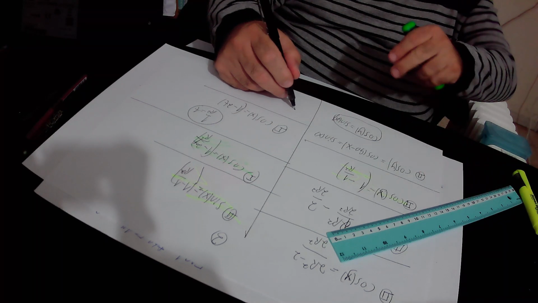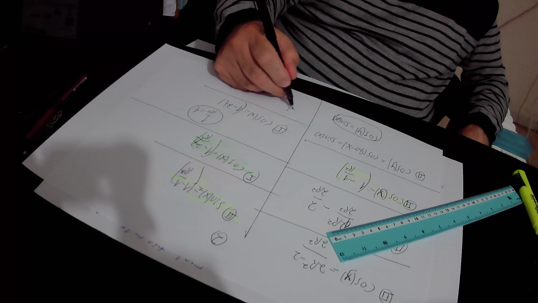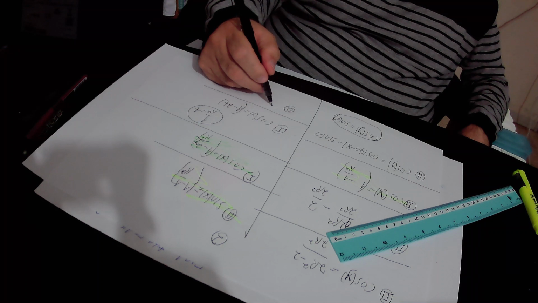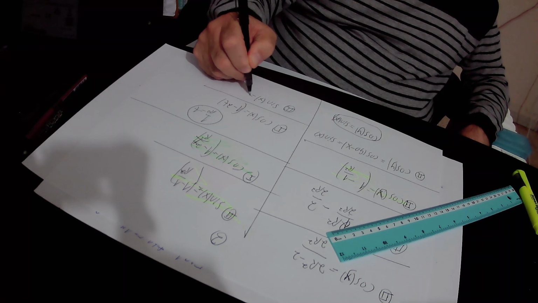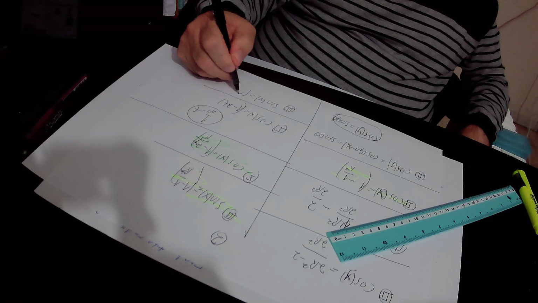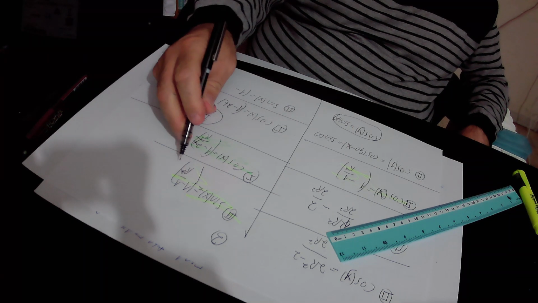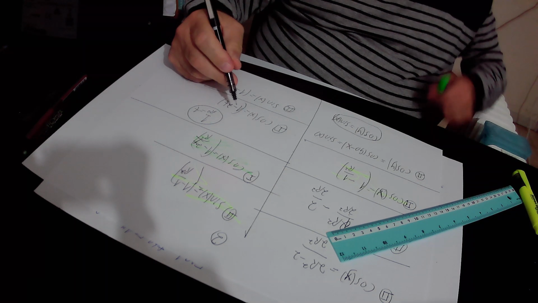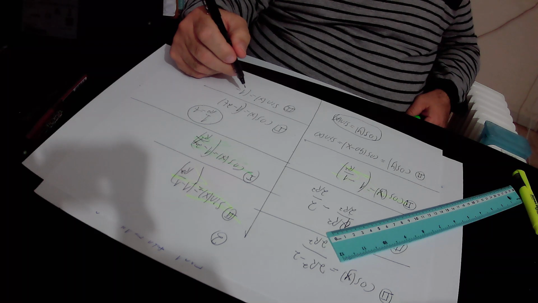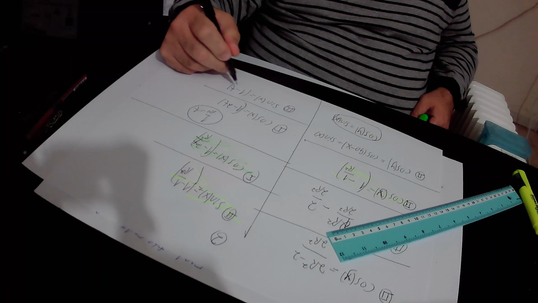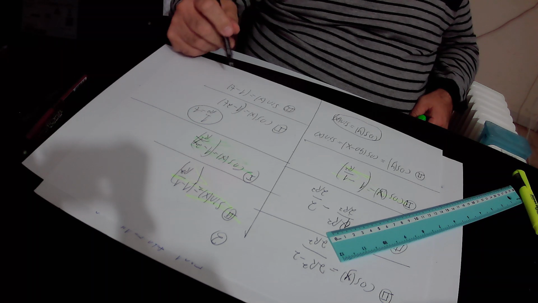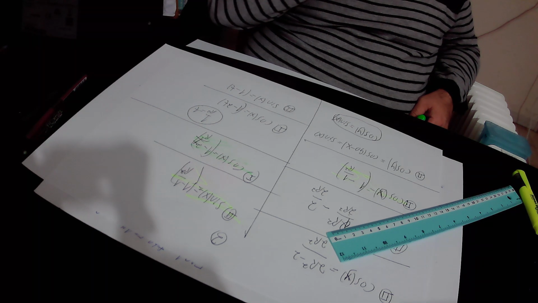according to equation number 2, sine x equals 1 minus 1 over r squared. 1 over r squared is t, so we substitute 1 over r squared by t, and we get that sine x equals 1 minus t.